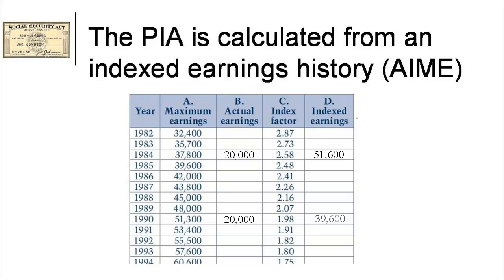Earnings from early periods of the worker's life are adjusted upward to take account of general national increases in earnings levels. The indexing year for a worker is the year 2 years prior to his or her year of eligibility, 2 years prior to assure the necessary national wage data will be available. Thus it is an average indexed monthly earnings figure from which the PIA is derived.